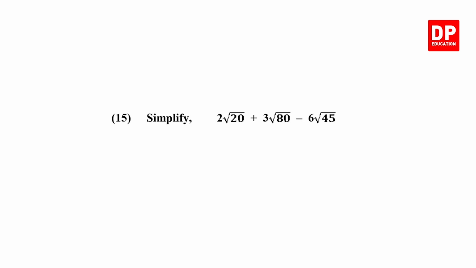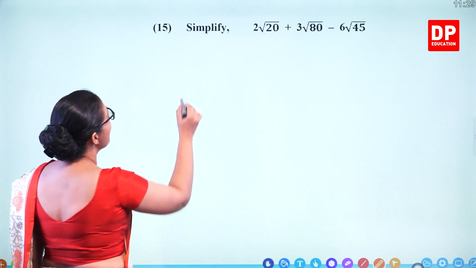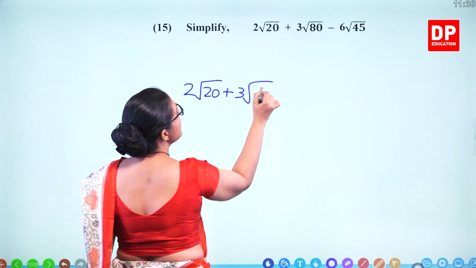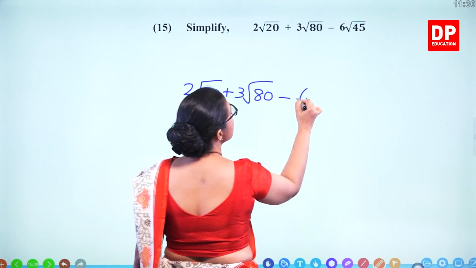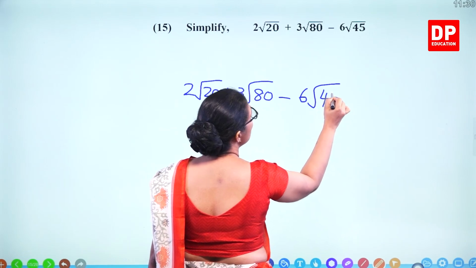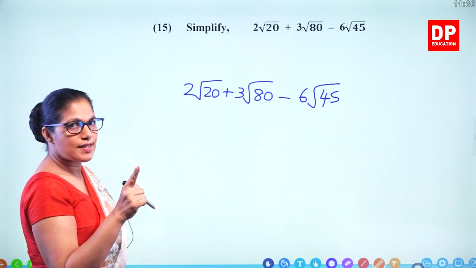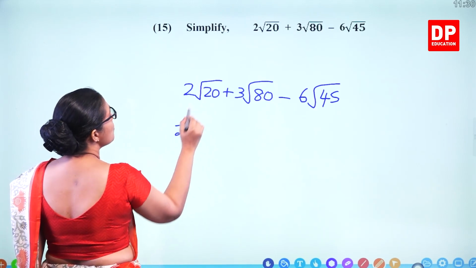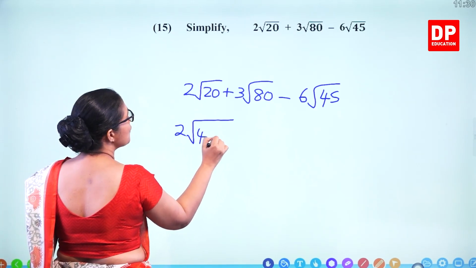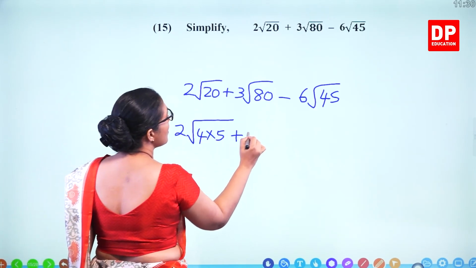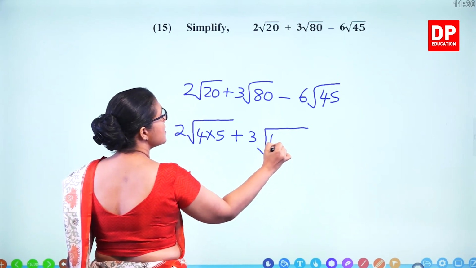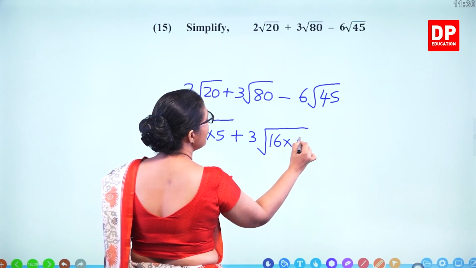Question number 15. Simplify: 2 root 20 plus 3 root 80 minus 6 root 45. You have to simplify the surds first. So try to write them with square numbers. 20 you can write as 4 times 5. 80 is 16 times 5.